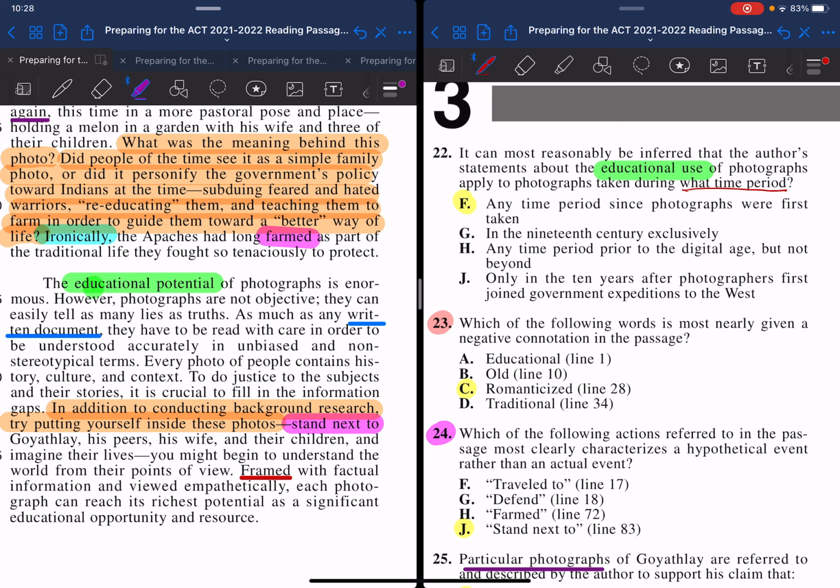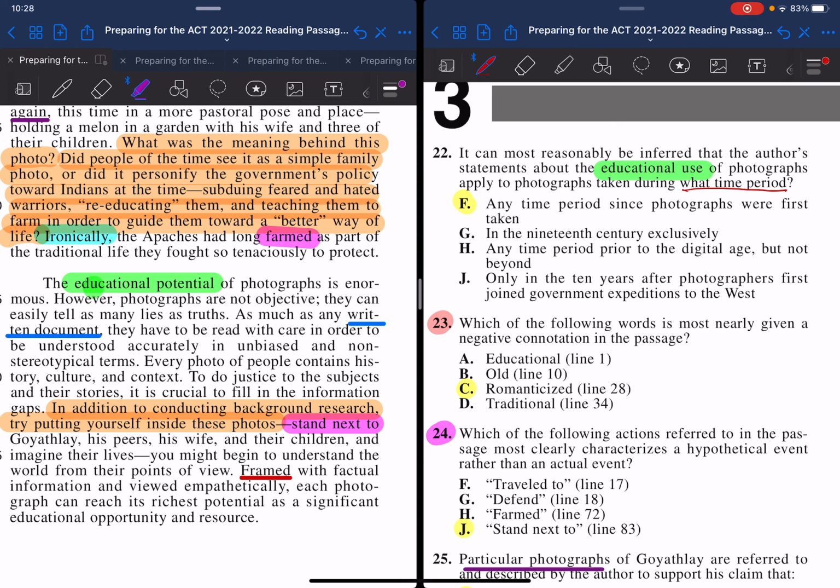One way you can do this, if you have time, is to reread the sentence without this word. Using photographs as resources presents particular challenges and must be done with care. Okay? Using photographs as educational resources presents particular challenges and must be done with care. The word educational really doesn't seem to make this seem negative, so it doesn't seem like educational works.